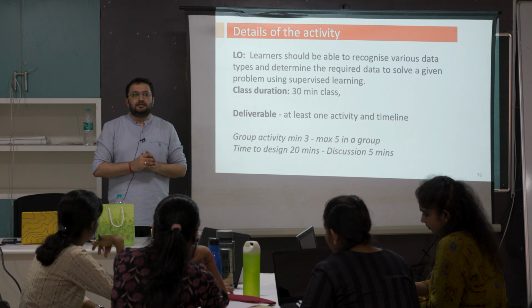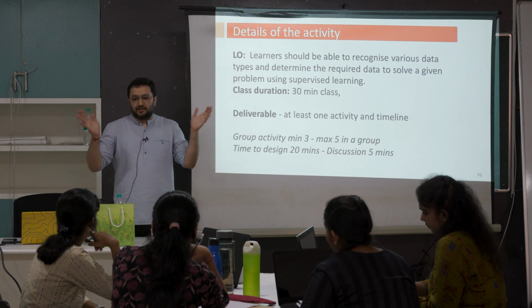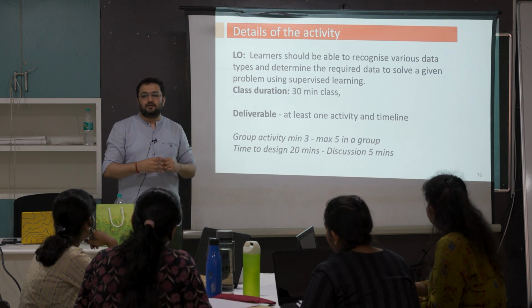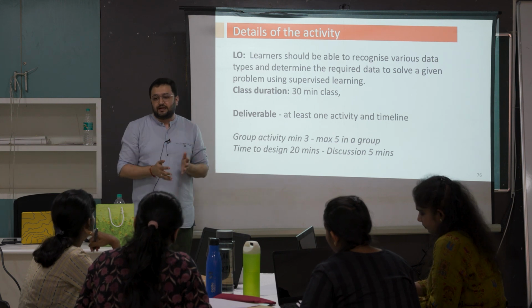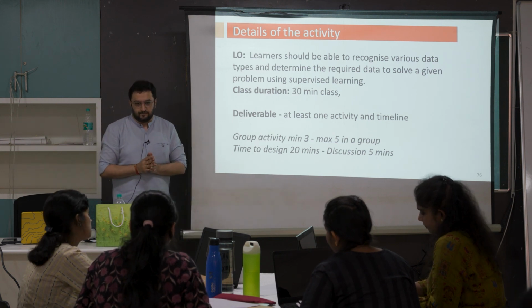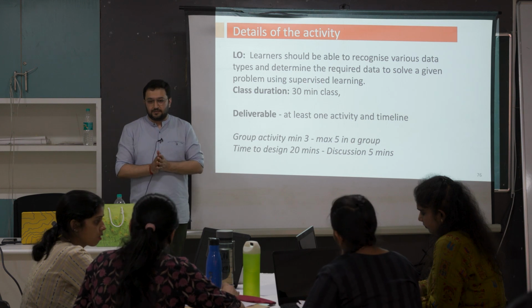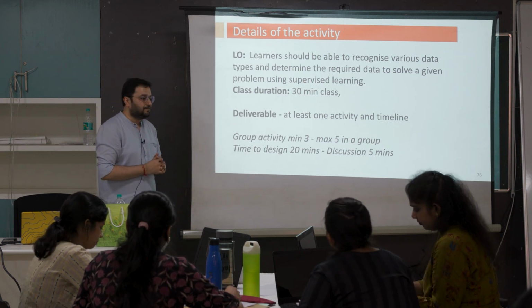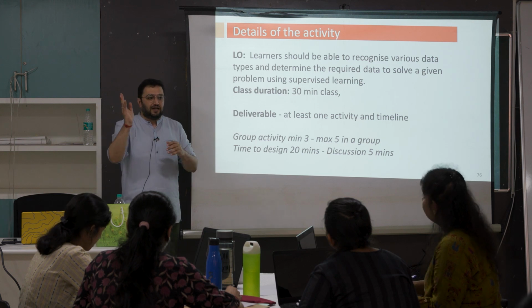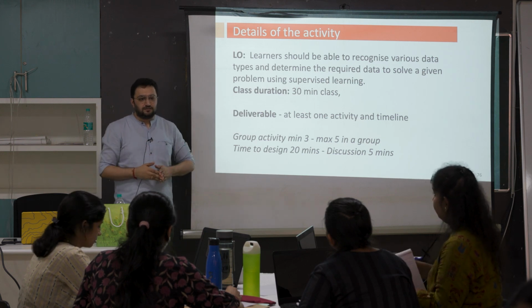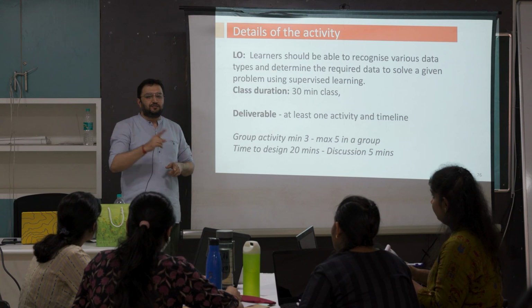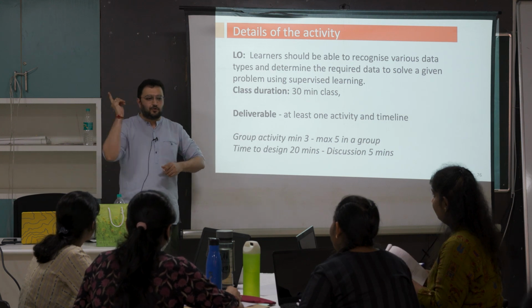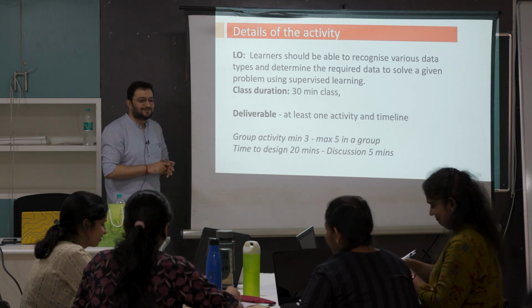So basically the idea is that your student should know there are various data types, and you can take an example and say, in this example, which data type will work. Multiple data types will work. Like I gave you an example of autonomous car. You are free to go online and search for things, but if you are using ChatGPT to create your lesson plan, at least put in your ideas also.